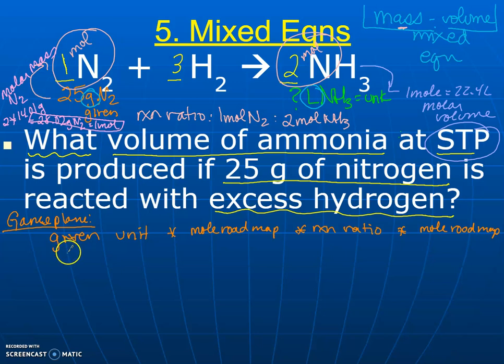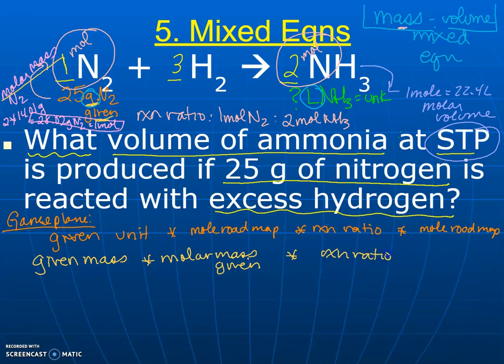Okay, so our given unit is going to be a given mass. Then what part of the mole roadmap changes mass into moles? That is the molar mass of our given. Then we use the reaction ratio, that doesn't change.